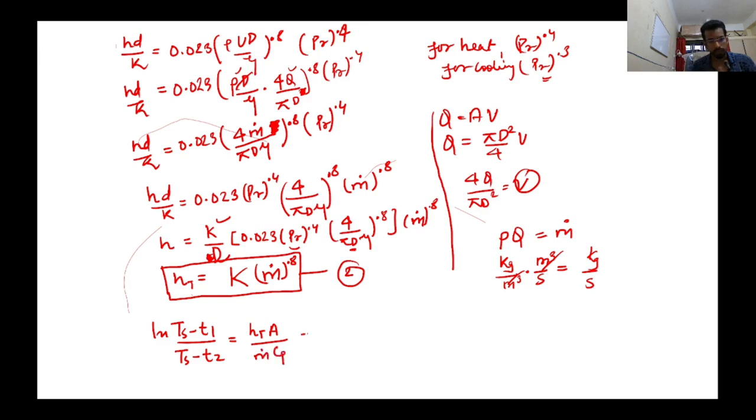Now I can replace this h with this value, k m to the power 0.8, area upon m cp. Just a little calculation: here the power is 1, here it is 0.8, so it will go down as m to the power 0.2 cp.